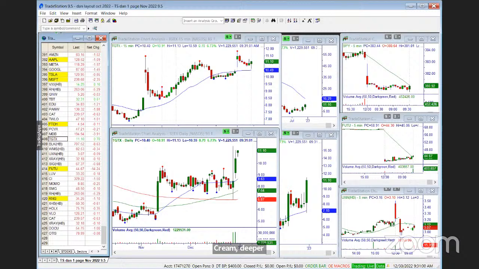TGTX sounds like a bio, but hey, if you look at the pre-market data, it's a buy setup on the 15. See that? So over this last 15-minute bar's high, that could give you a day trade.